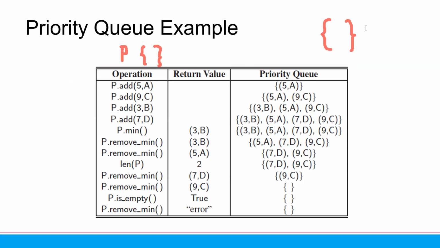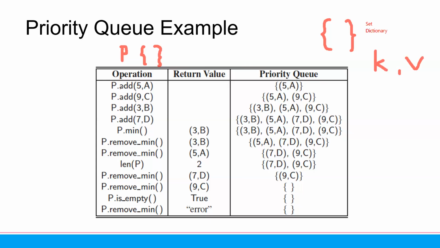So the first is set, and then the other is dictionary. Okay. If it is a set, then you cannot have multiple. You cannot have the redundant item. So the item will be always unique. If it is dictionary, you will have the key and value.